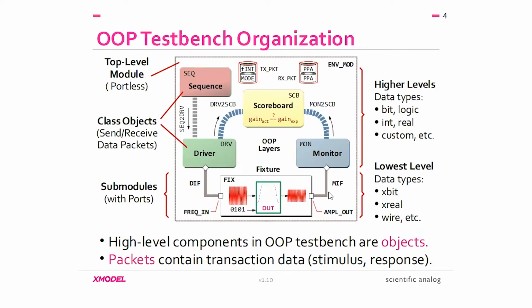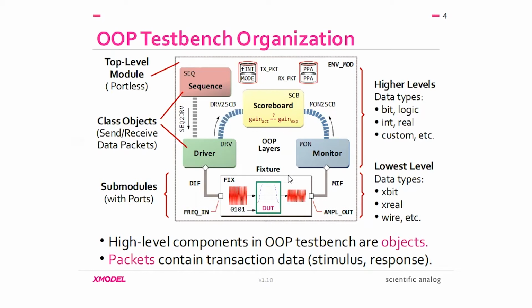It collects the data coming out of the DUT over this interface bus MIF, reassembles that data into packets, and sends them on up into the scoreboard. It's the scoreboard that makes the test bench entirely self-checking. For each transaction, it compares the actual filter gain against the expected filter gain derived from SPICE simulation data.